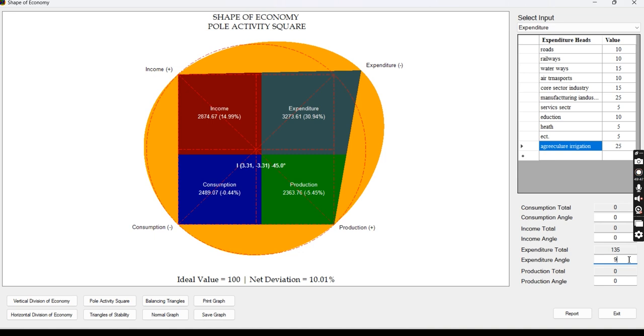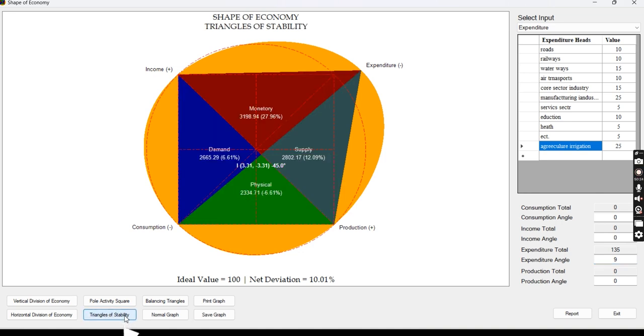So this is the economic significance of changing the angle, and immediately you can calculate yourself what values are appearing in income, consumption, production by using the different geometrical shapes that are available to you as a choice.